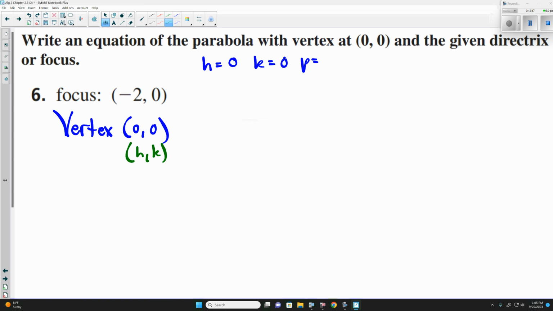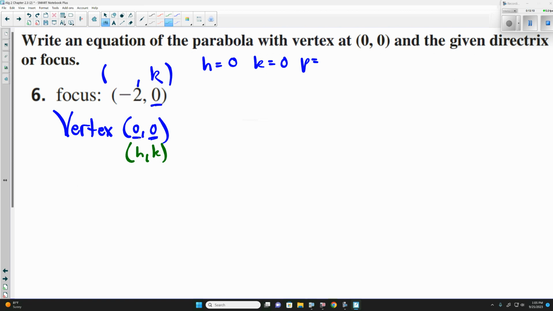They are both 0. So looking at the focus, well, the y value in both places is still 0. So we can say in the general form the y spot should just be k, because it's going to be the same. Since it's k in the vertex, it has to be k in the focus.